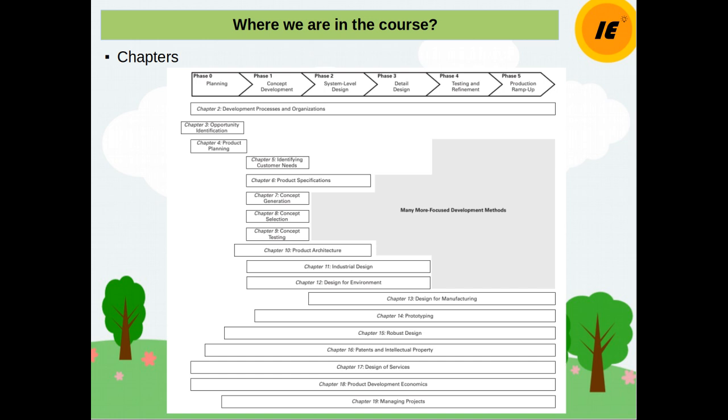I'm not sure whether I'll go into all the chapters again, but we'll see. The main chapters, I would say, are product architecture, industrial design, design environment, design for manufacturing, prototyping, robust design, and patents and intellectual property, which is important.